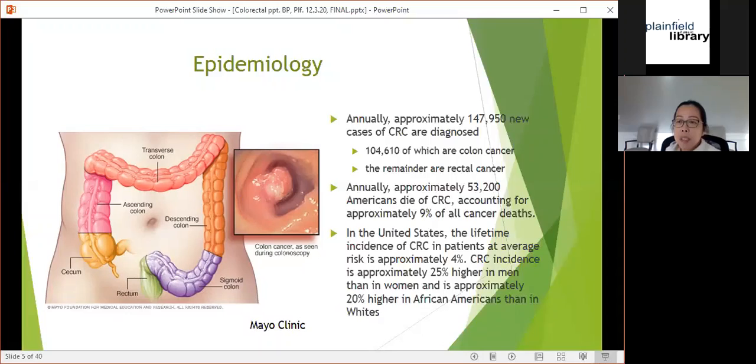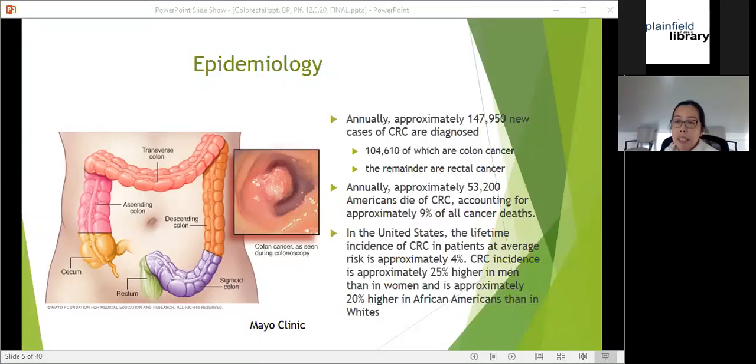In 2020, about 147,950 new cases of colorectal cancer were diagnosed in the United States. Among these, 104,610 cases are colon cancer, and the remainder are rectal cancer. About 53,200 Americans died of colorectal cancer in 2020, accounting for approximately 9% of all cancer deaths.